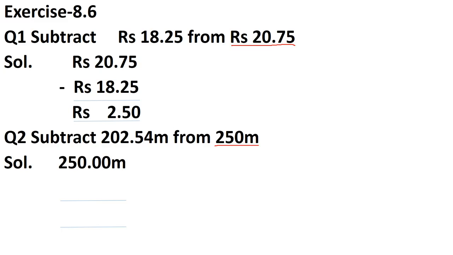Okay, so see what we have done: we have written 250.00, because here are two decimal places. This I want to tell that if you have to write extra zeros, you will write them at the end. Minus 202.54. Now you can subtract easily. You will get the answer 47.46 meter.